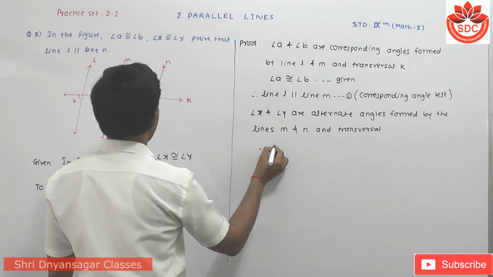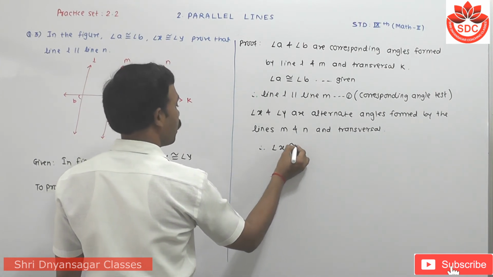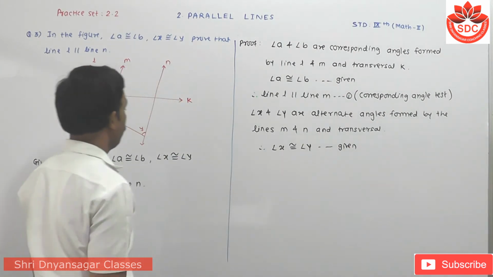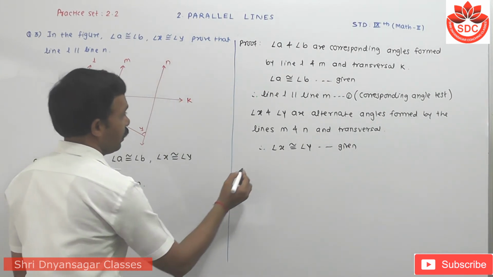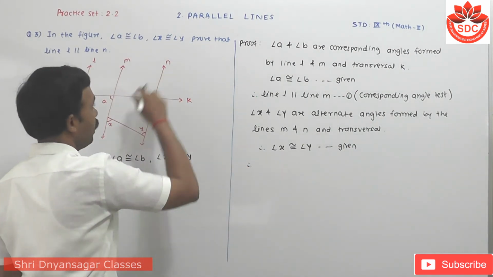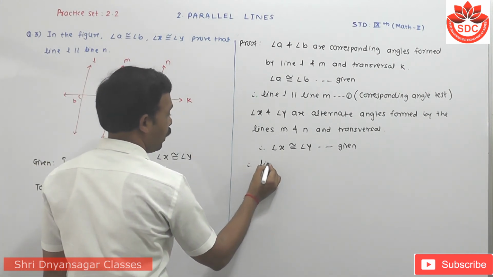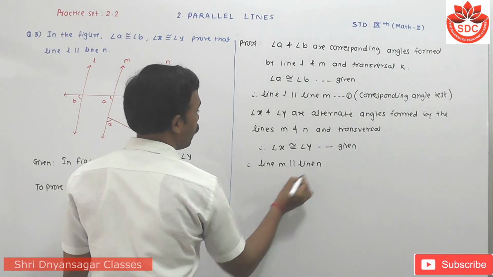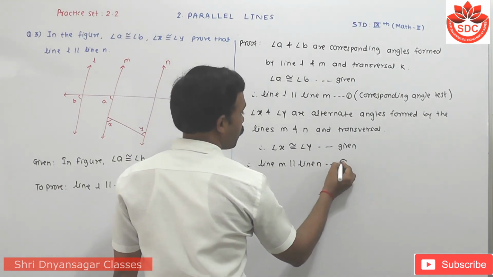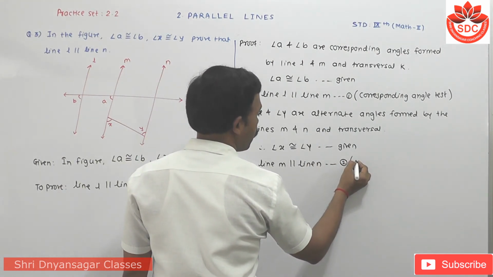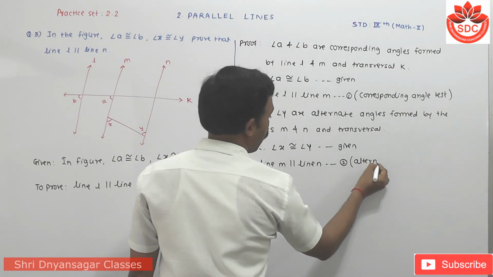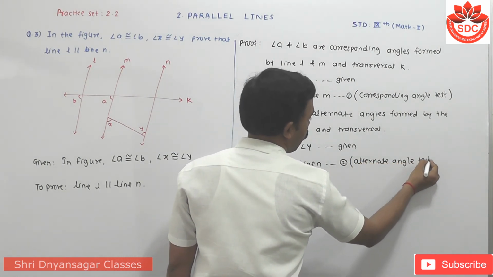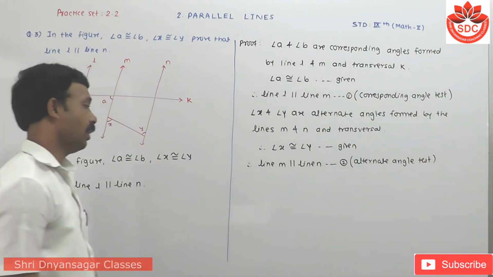Also, this is given here, angle X is congruent with angle Y. This is given. If these two angles are congruent, therefore these two lines, line M and line N, are parallel. Suppose this is second. The reason is that by using the alternate angle test of parallel lines.